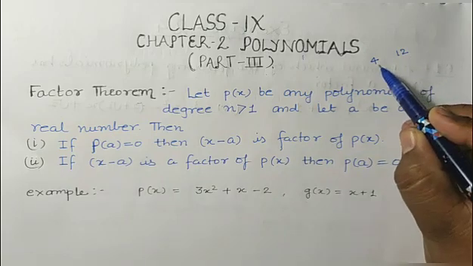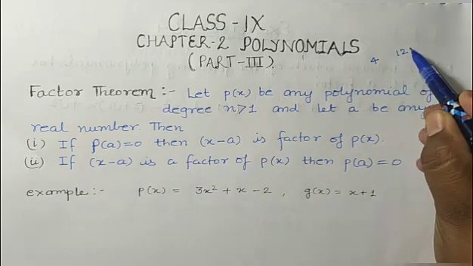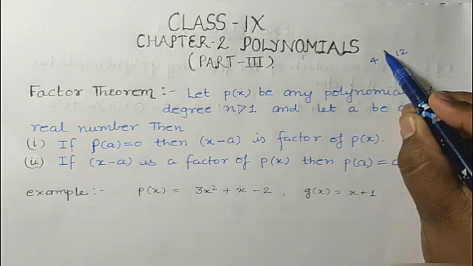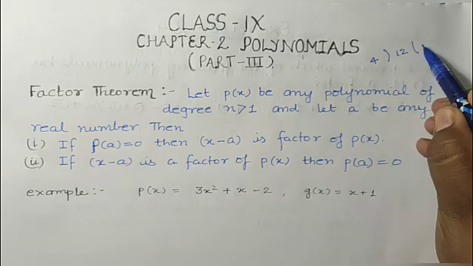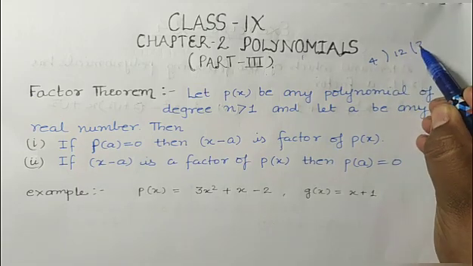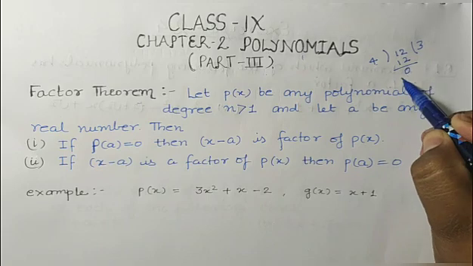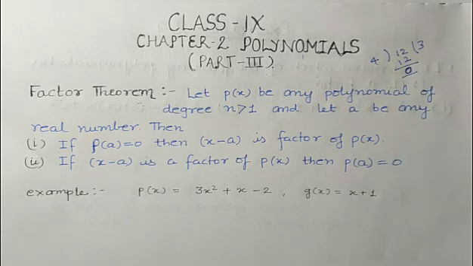Firstly, choose the greater number. The greater number is 12. Now divide this greater number by the smaller number. When you divide, you will get 4 3s are 12, and after subtracting, the remainder is 0.